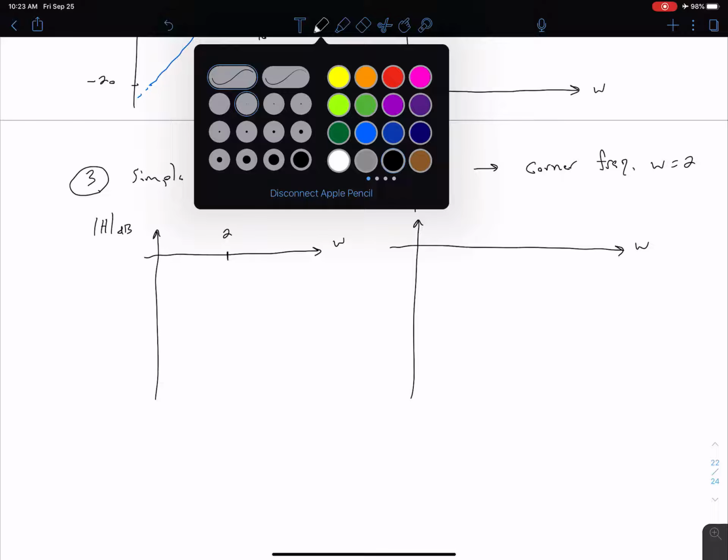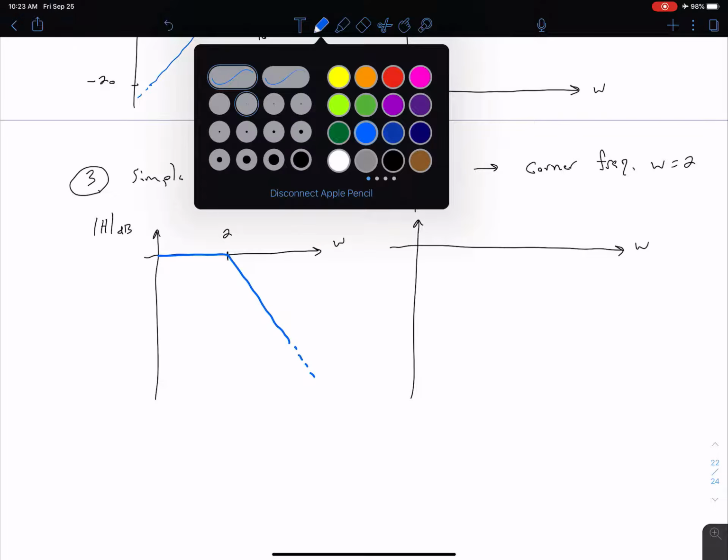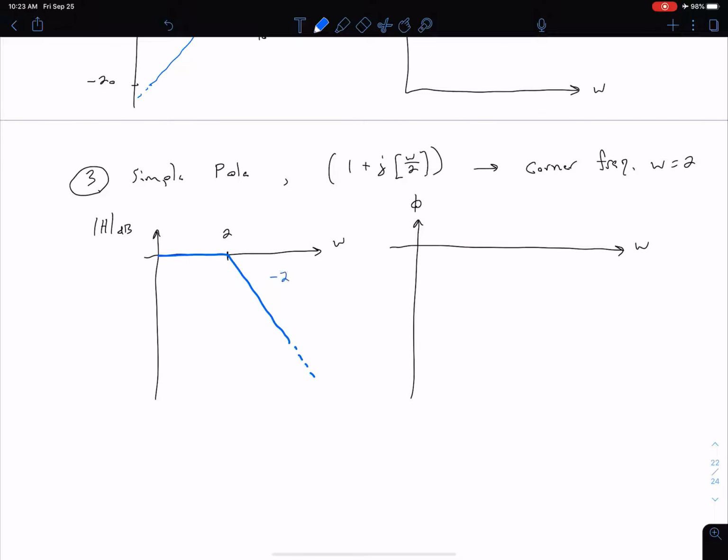So let me make this a little heavier. So what we do is we have 0 until the point where we get to our corner frequency, at which point for a simple pole we begin decreasing at negative 20 dB per decade. So here we have negative 20 dB per decade, which is sort of kicking in at the corner frequency.